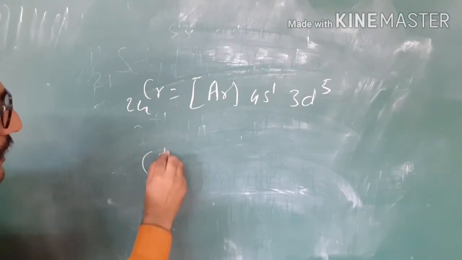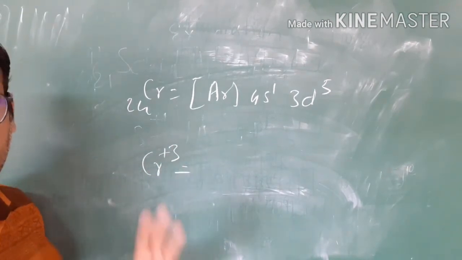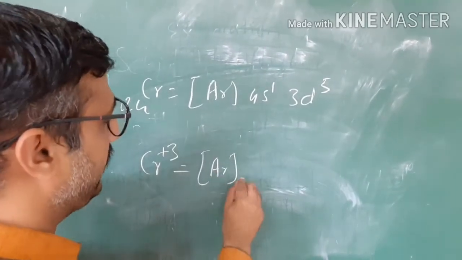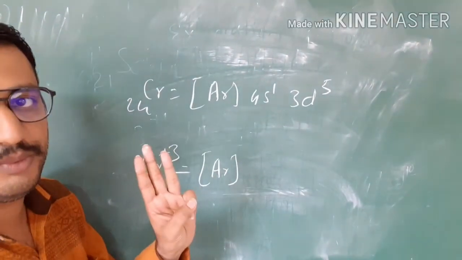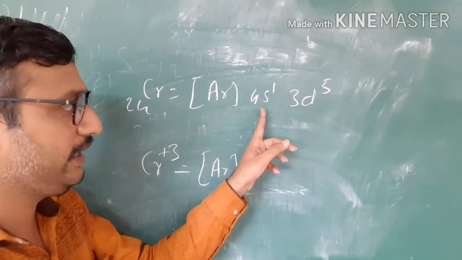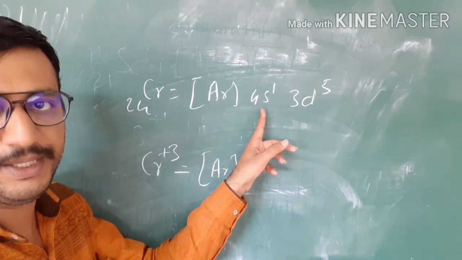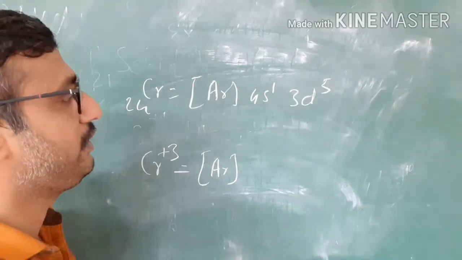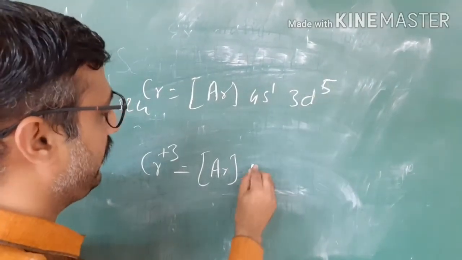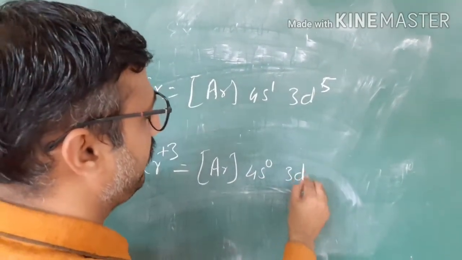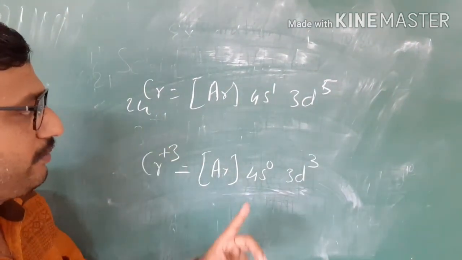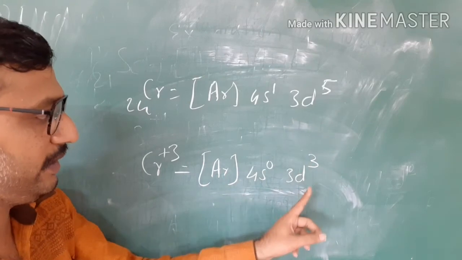Suppose I want to write the configuration of chromium plus 3, meaning 3 electrons are to be removed. What to do? Keep the argon configuration as it is. We just learned that electrons from 4s are removed first. If the 4s electrons are not adequate, we move towards the 3d electrons. So here it becomes 4s0 and 3d3. For chromium plus 3, 1 electron is removed from 4s and 2 from 3d.